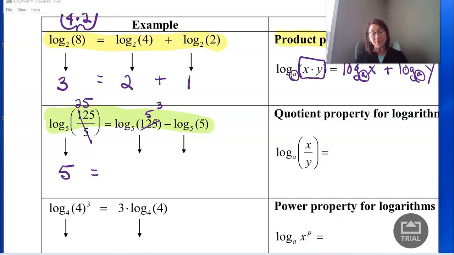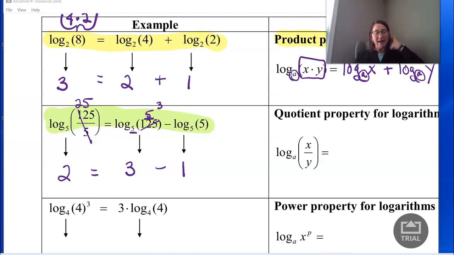So using my properties, because the base of my exponent and the base of my log are the same, that's equal to that exponent of 3. I actually, how did I get a 5 up here? I don't know. That should have been a 2. 5 squared gives me 25. Okay, now log base 5 of 5 is going to be equal to 1. So 2 is equal to 3 minus 1.